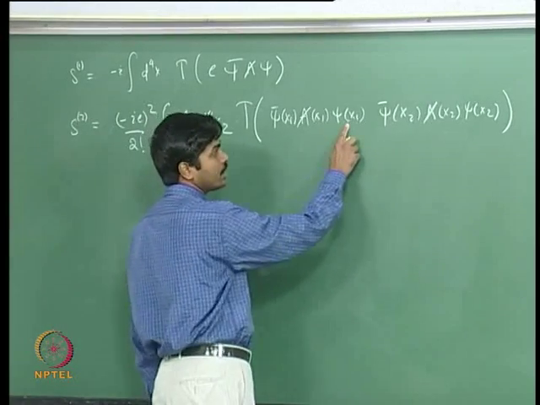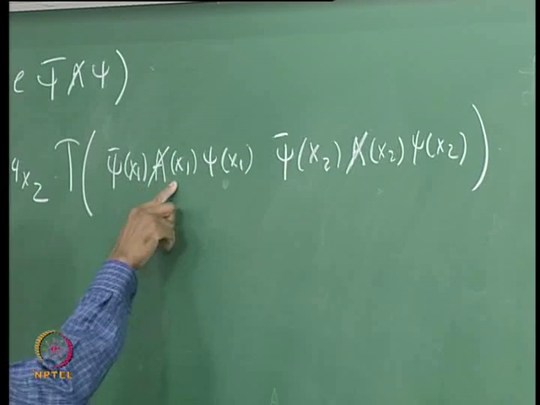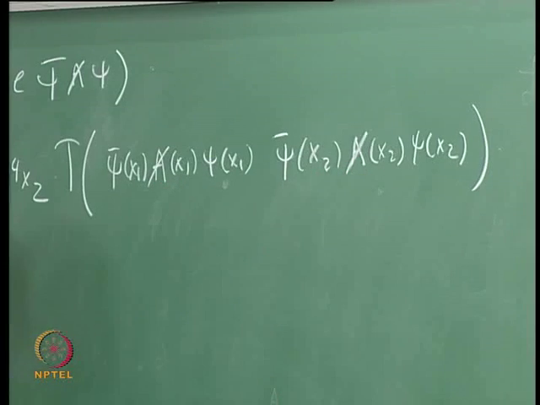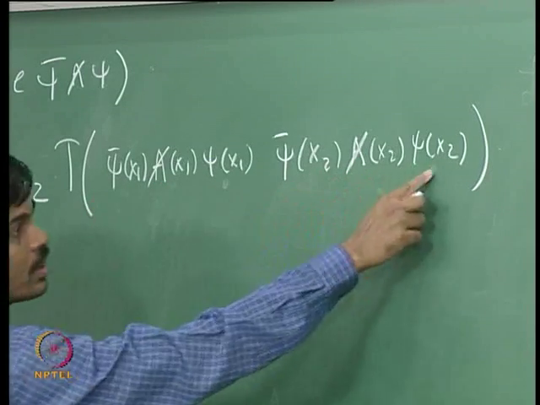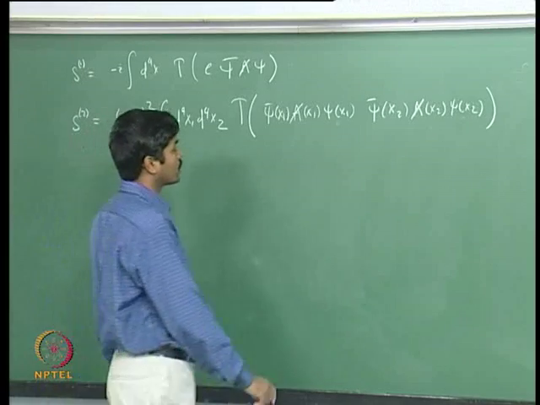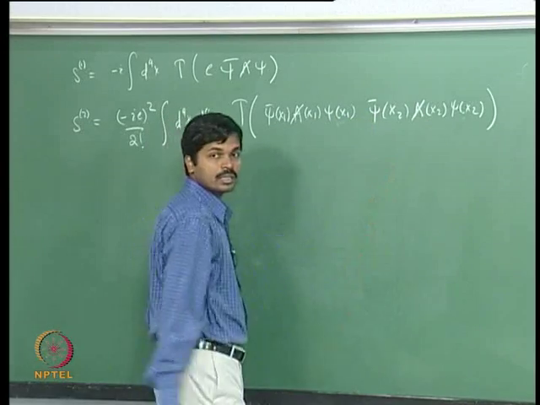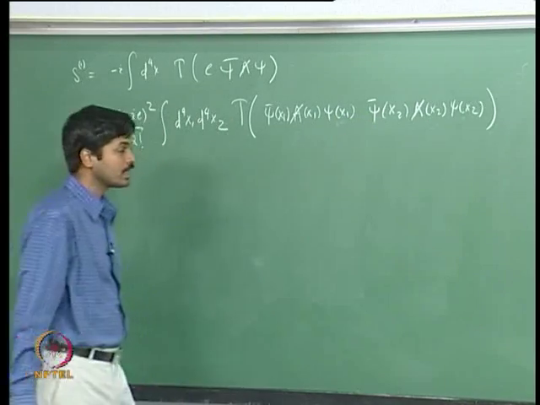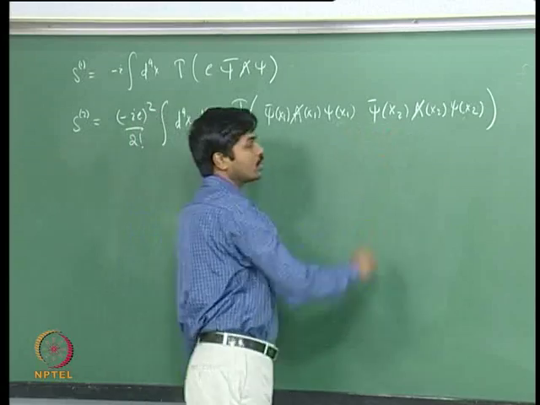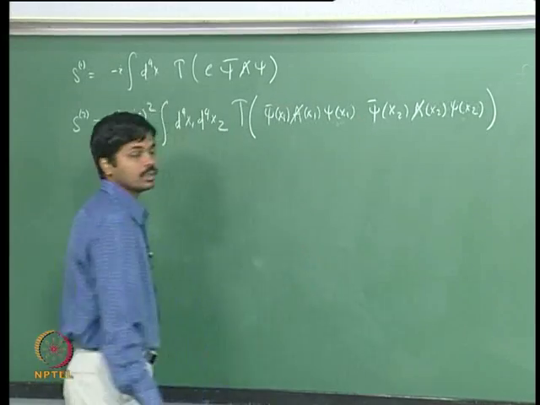This psi x1 can contract with psi bar x2, A x1 can contract with A x2, and psi bar x1 can contract with psi of x2. So, these are all one contraction terms. Then you can have two contraction terms. What are the two contraction terms? This pair and this pair can contract, and so on. And then finally you will have three contraction terms. There will be one such term.